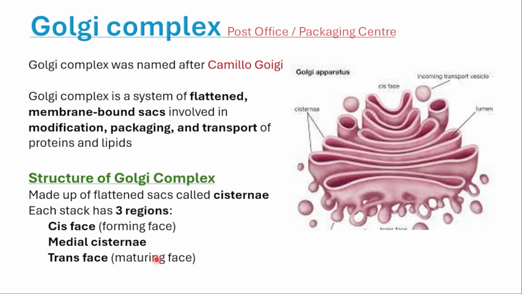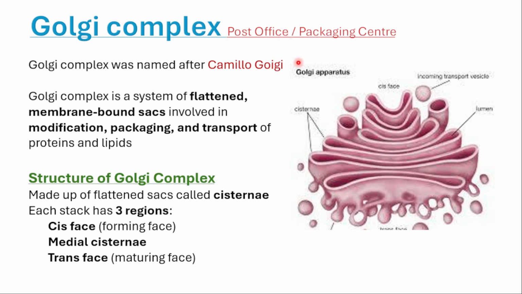Next organelle, which is very important and also a favorite topic for NEET, that is the Golgi complex. This is also one of the very important organelles which comes after the endoplasmic reticulum. Golgi complex is said to be a post office or a packaging center.